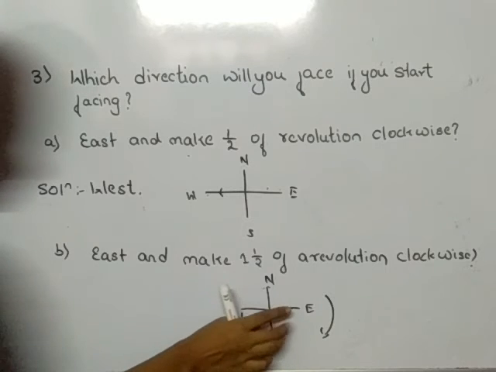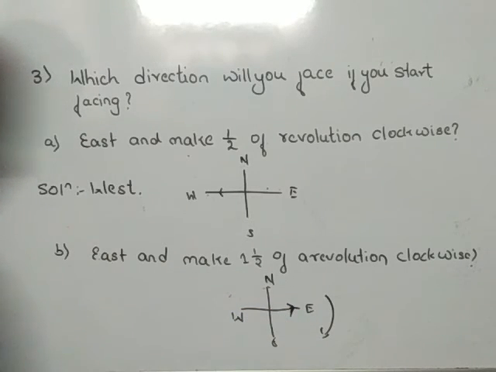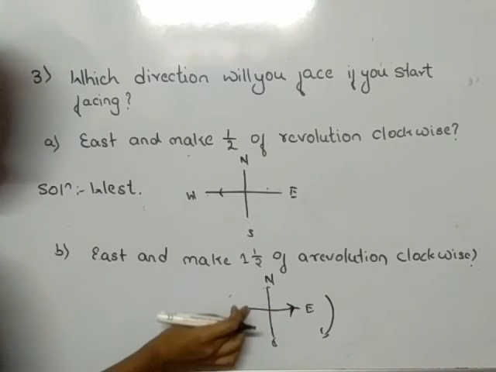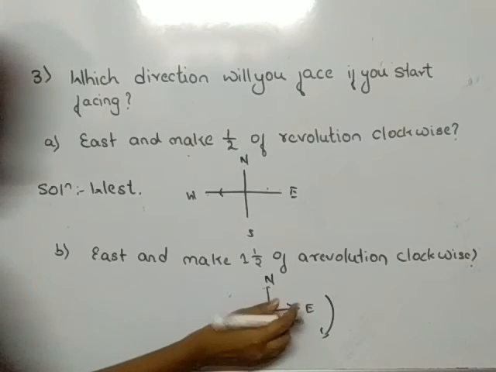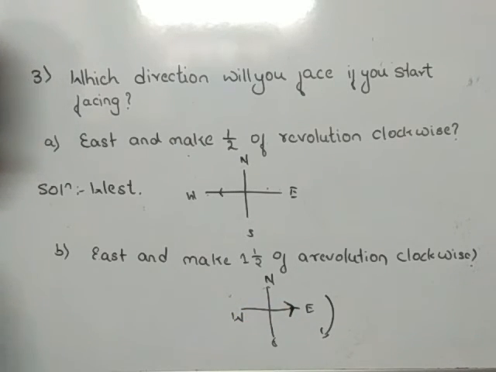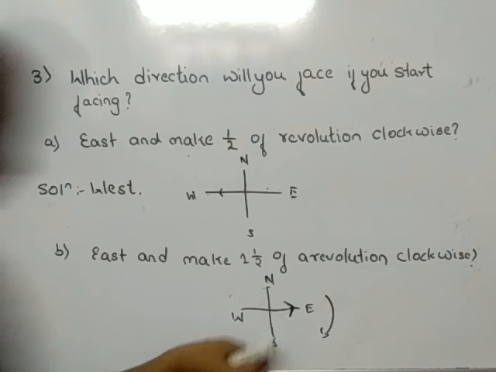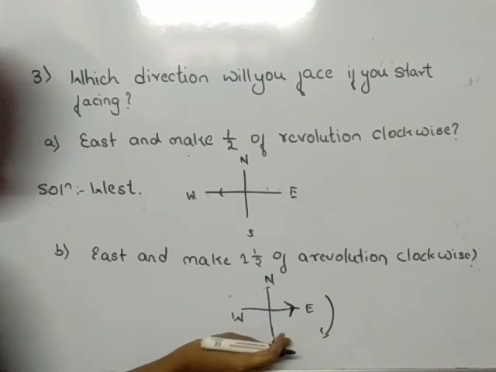First I am facing towards the east. After completing one full rotation, again I am facing towards the east only, right? Next, again I am going to complete half a revolution, turning in a clockwise direction.